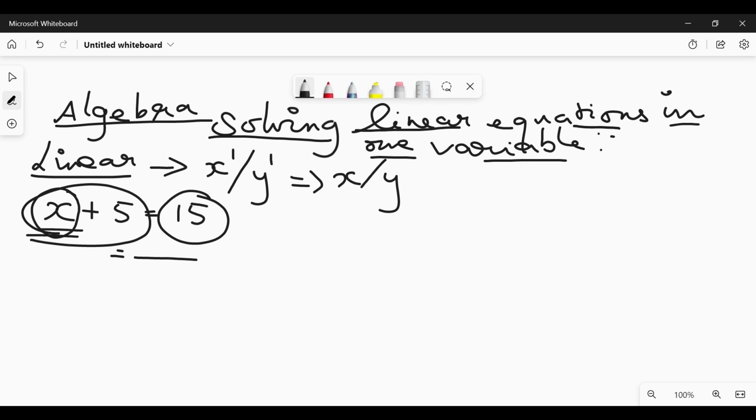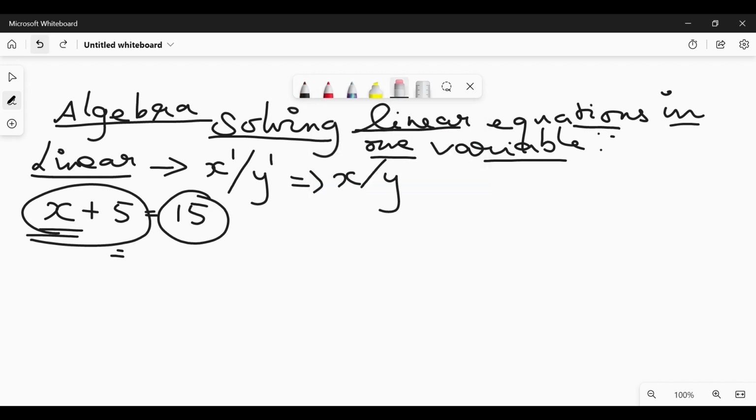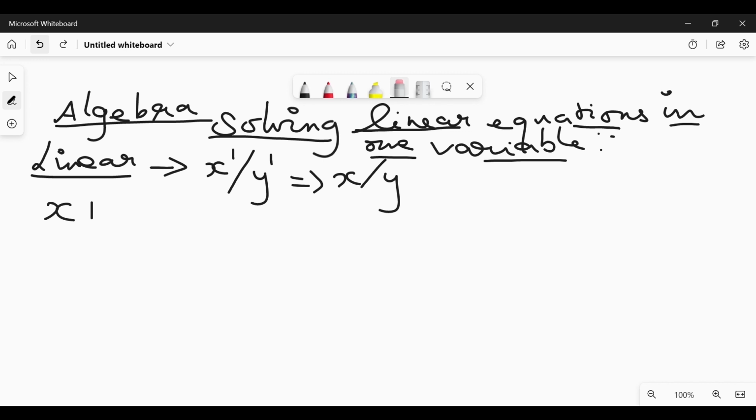Now having understood the concept, let's go to the first example of how to solve a linear equation. I am taking the first example, x minus 2 equal to 7.